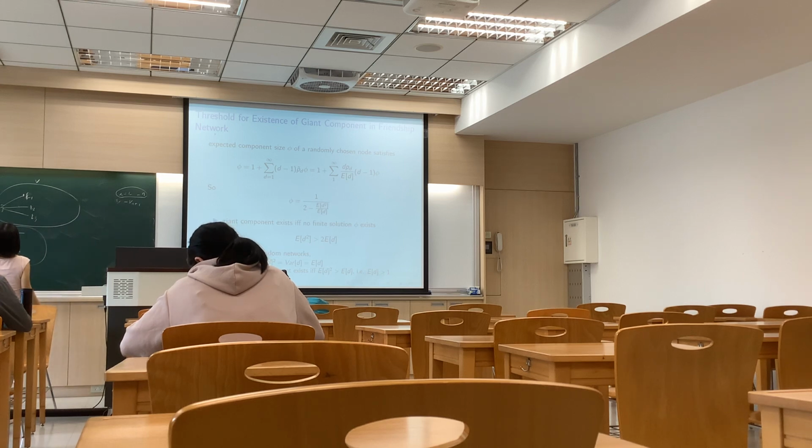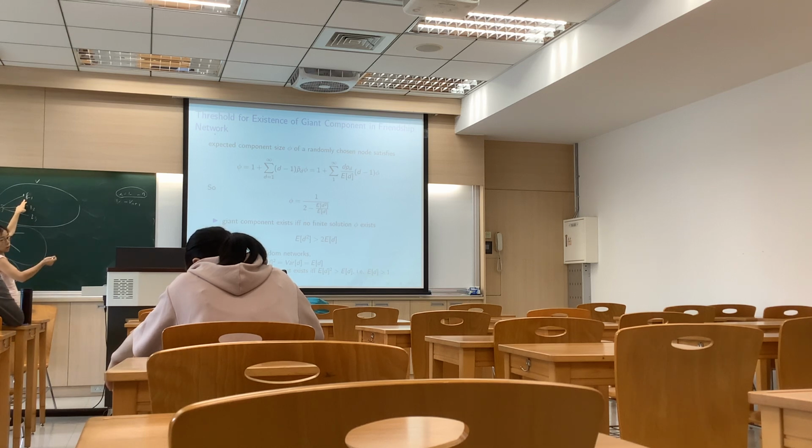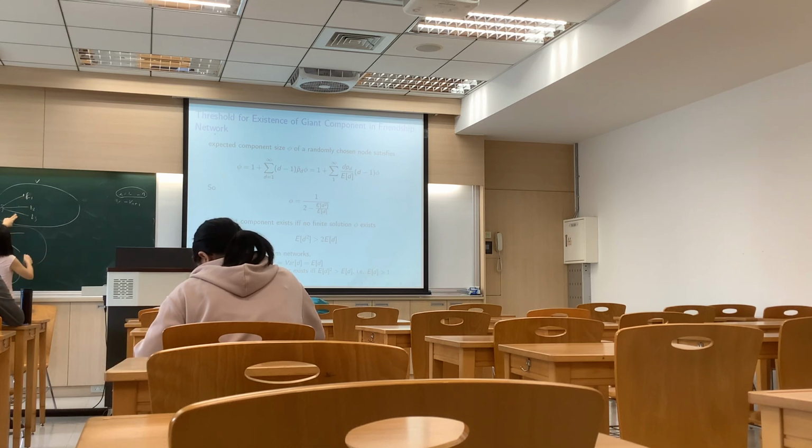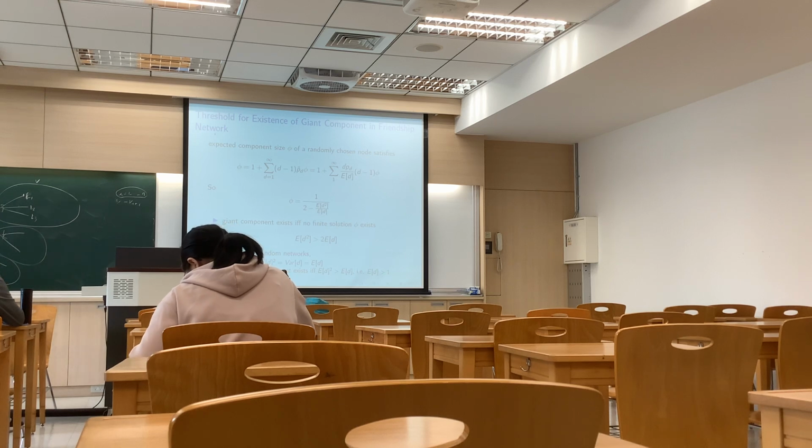So we find j by randomly following a link, and we find j's friends also by following a link. So S tilde is the remaining component j belongs to, after excluding the link that gets us to j.